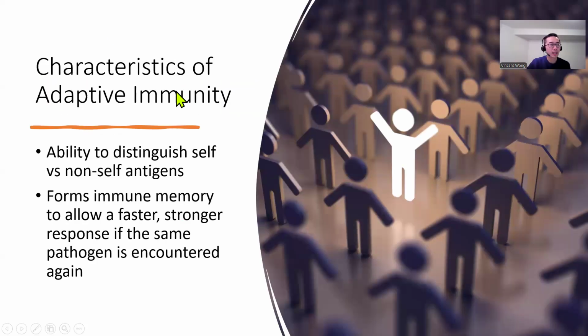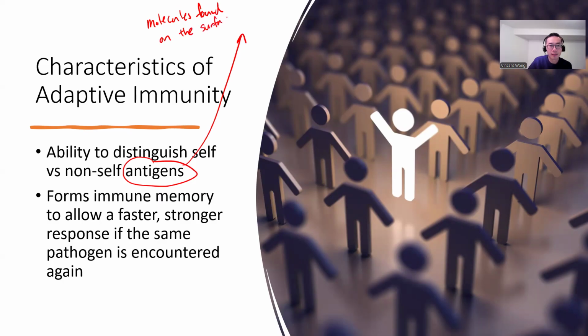Now, there are some characteristics of adaptive immunity that I want to highlight. Number one, it has the ability to distinguish self versus non-self antigens. Now, let me just remind you what antigens are. Antigens are basically molecules found on the surface of a cell.